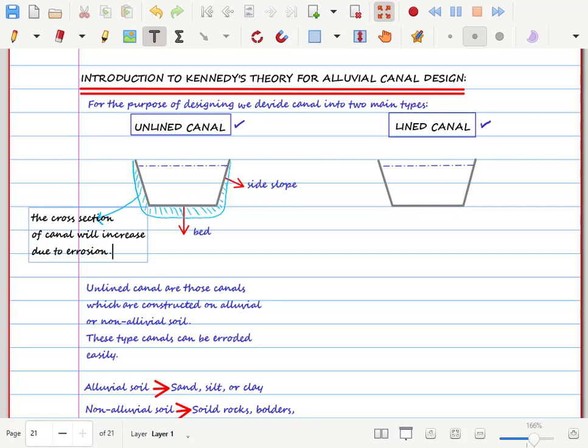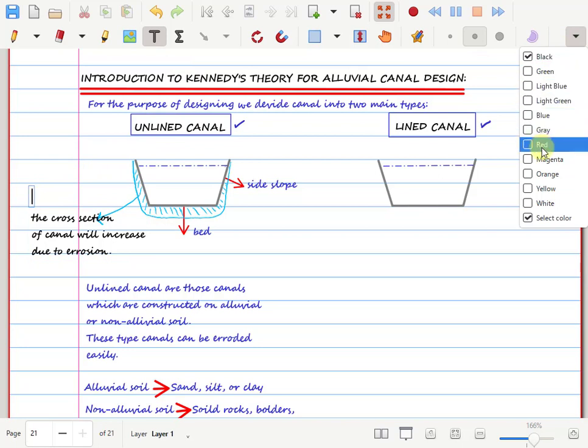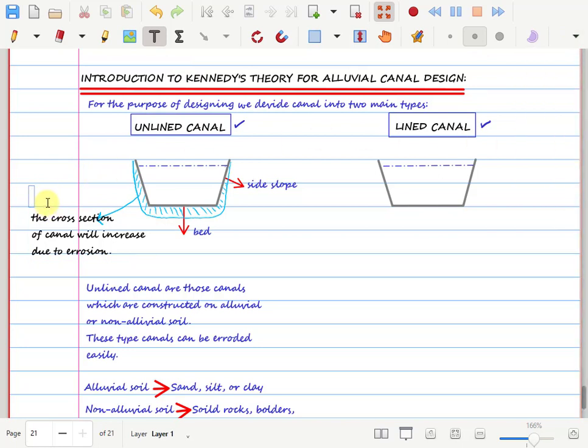So what is this called? There is a term to define this. When this happens, it is known as scouring.